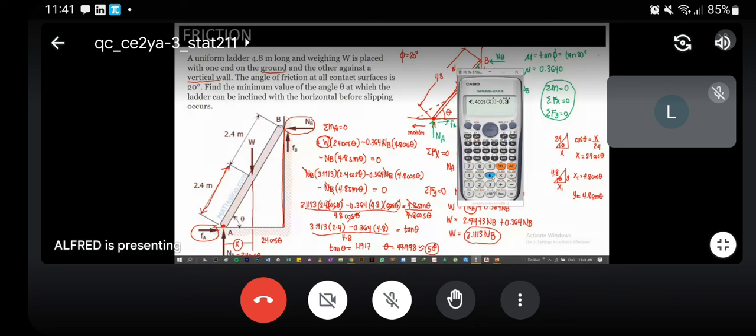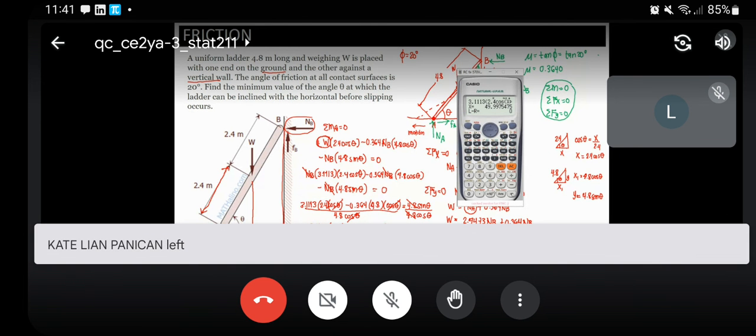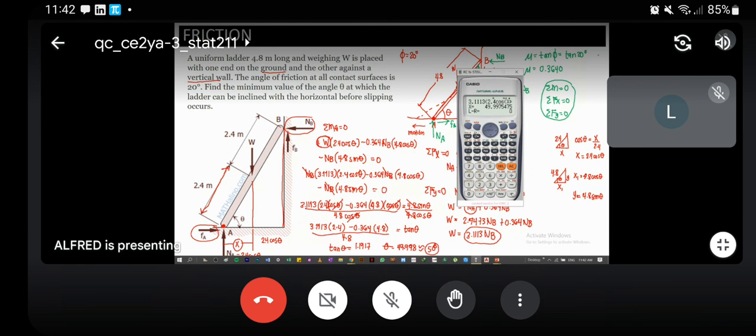Minus 0.364 times 4.8 cosine of x. And then minus 4.8 sine of x is equal to 0. So shift solve, that's your x, 49.998. So that's also equal to 50 degrees. Okay? So that's your problem number 4.